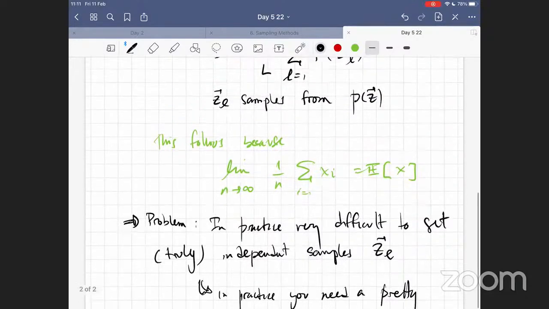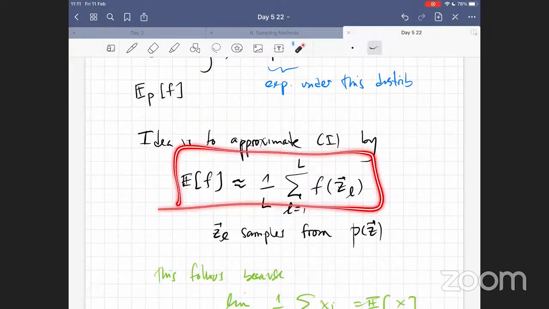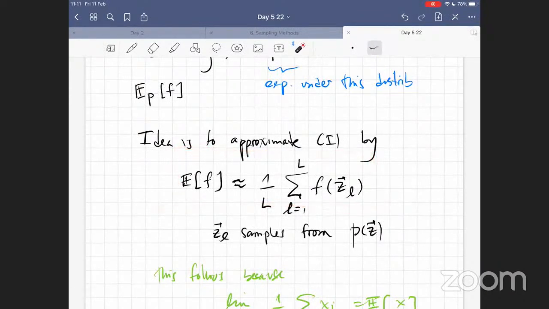So imagine this approximation here would be quite accurate for tens of samples, or maybe 100 samples. Since these samples are not truly independent, you typically need of the order of hundreds of thousands of samples, or even 1 million samples.